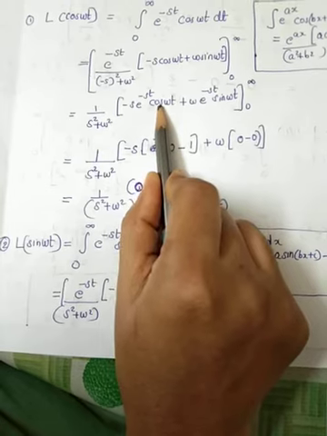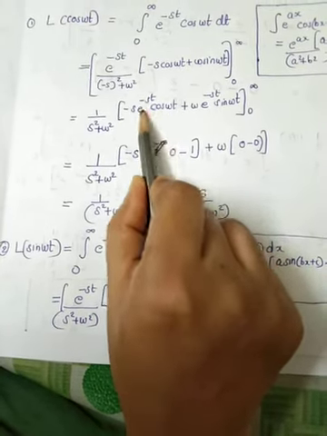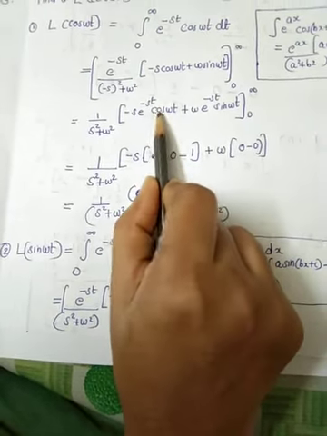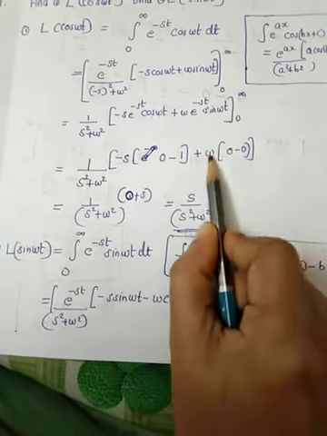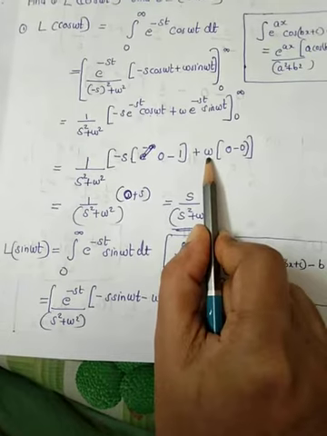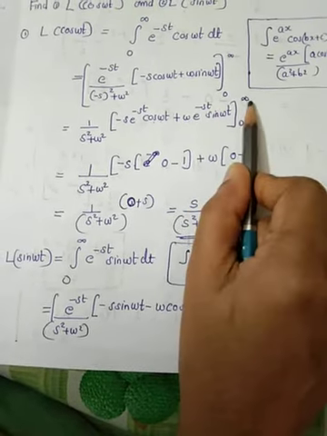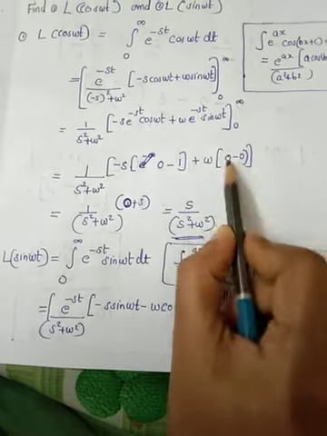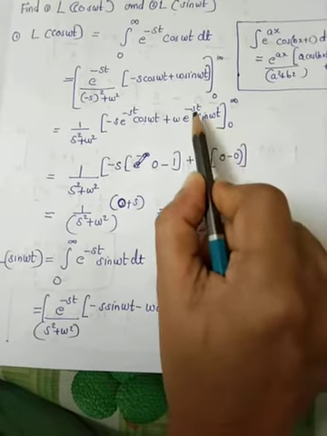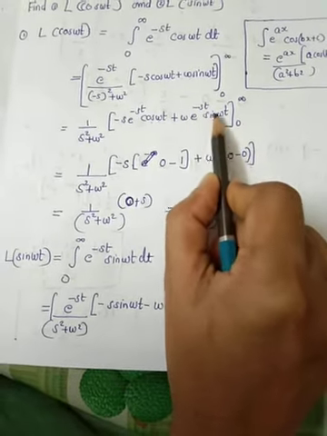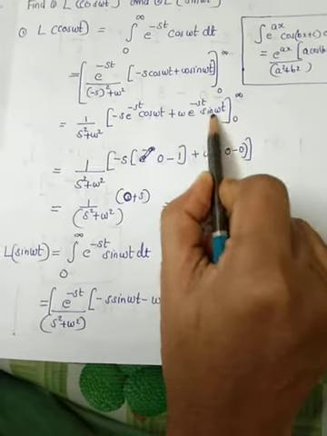Applying the lower limit 0, e raised to 0 is 1, cos 0 is also 1, therefore it is 0 minus 1. Plus w, a constant, taken outside, w into, applying the upper limit, e raised to minus infinity is 0, and applying the lower limit, e raised to 0 is 1 but sin 0 is 0, therefore 1 into 0 is 0.